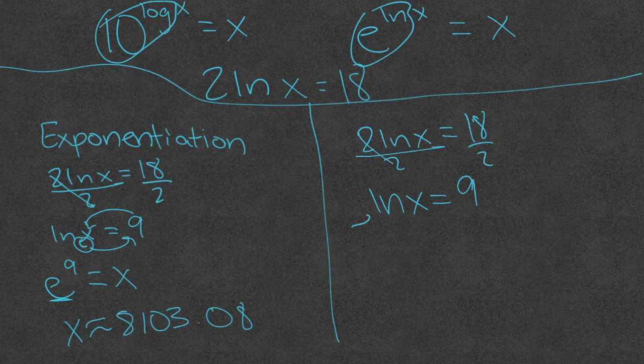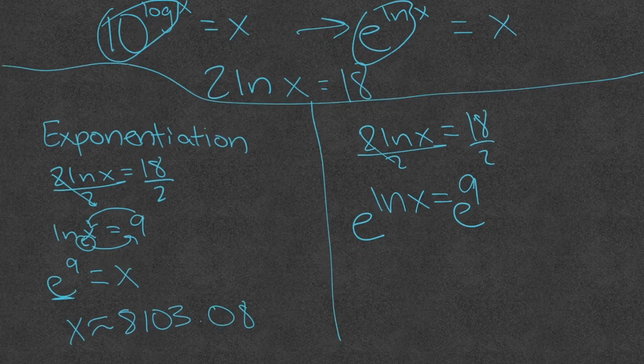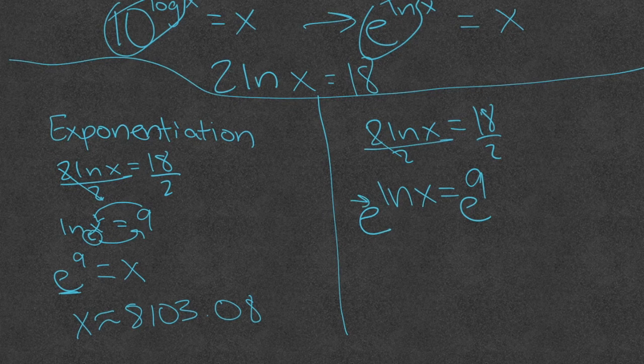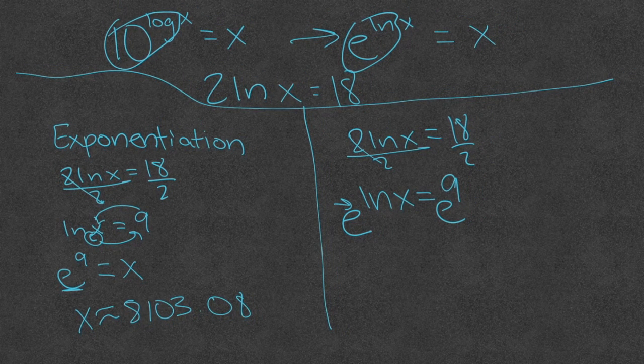So we're actually going to take an e down at the bottom. And the reason why we're using a base e is because that one-to-one property says that if it's e raised to the ln of x, it's going to actually equal x.